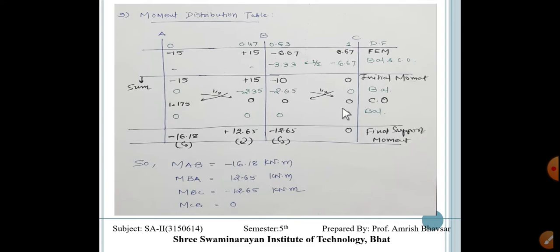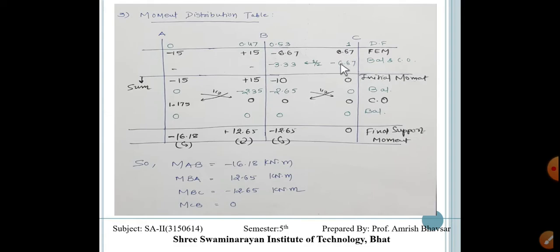Now whenever we have this simple support, what are we going to do? We must get a zero value here, because we know the moment at a simple support is 0, but here we have a value, so we must make this value zero with the help of balance and initial carryover.